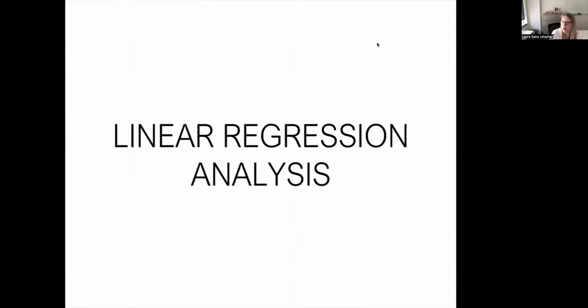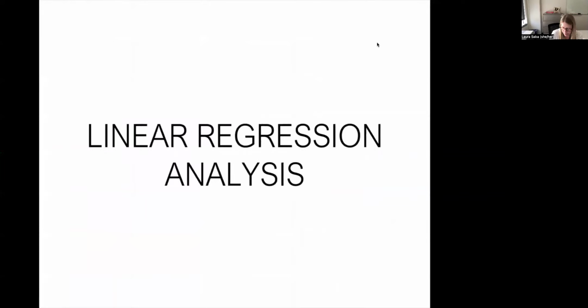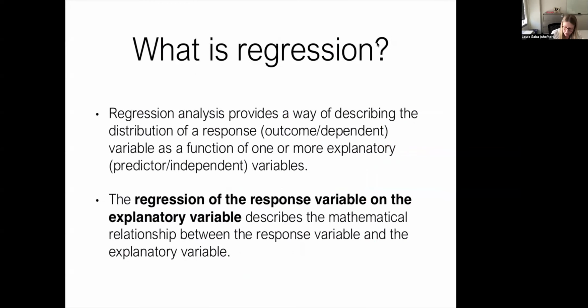So let's complicate our model just a little bit more, and we'll talk about linear regression analysis. So what is regression? It's an analysis that provides a way of describing the distribution of a response, outcome, or dependent variable as a function of one or more explanatory or independent variables. A lot of times the verbiage we use here is the regression of the response variable on the explanatory variable.